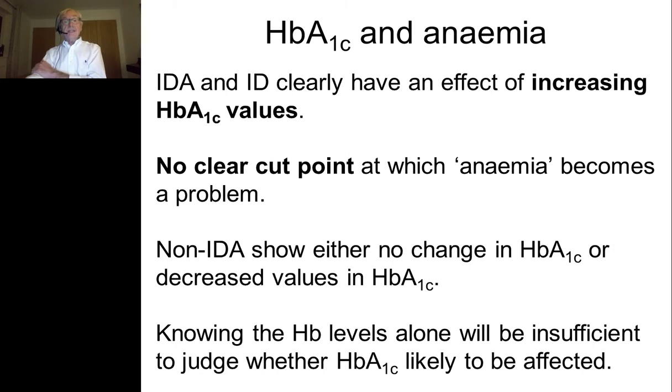But there is no clear-cut point at which anemia becomes a problem. Non-iron deficiency anemia showed either no change in hemoglobin A1c or decreased values in hemoglobin A1c. And the message here is knowing the hemoglobin level alone is insufficient to judge whether the hemoglobin A1c is affected or not.